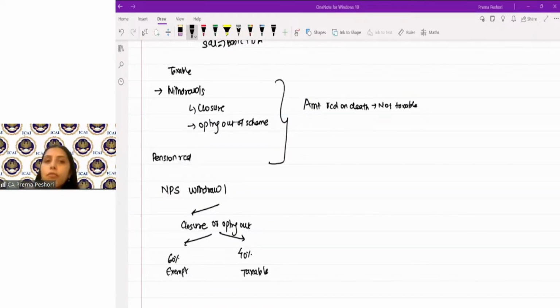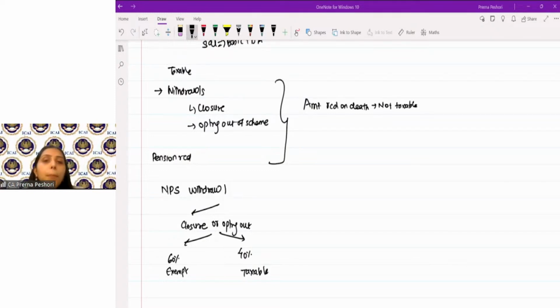Now, in case of the NPS, 10(12)(a) clearly provides that any amount received from the NPS by the assessee on account of closure or on account of opting out of the pension scheme, to the extent it does not exceed 60% of the amount, shall be exempt from tax.